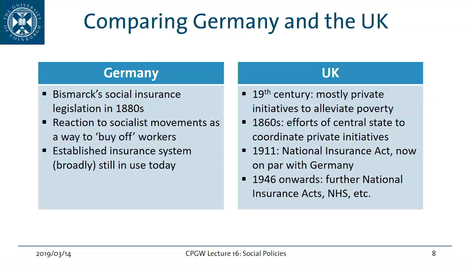And you see it takes almost 30 years after Germany adopted these policies until the UK finally comes around to adopting its first National Insurance Act, its first insurance policy. And it takes until after the Second World War to build out that system further. There's a lovely quote by a historian that says that the welfare state in the UK germinated in the social thought of late Victorian liberalism.